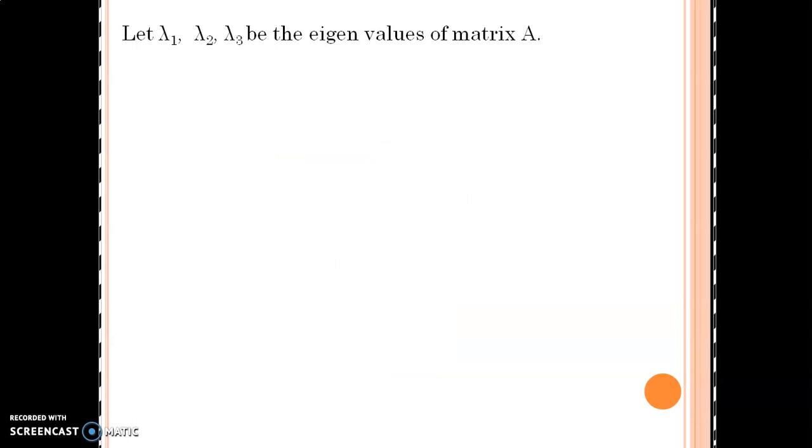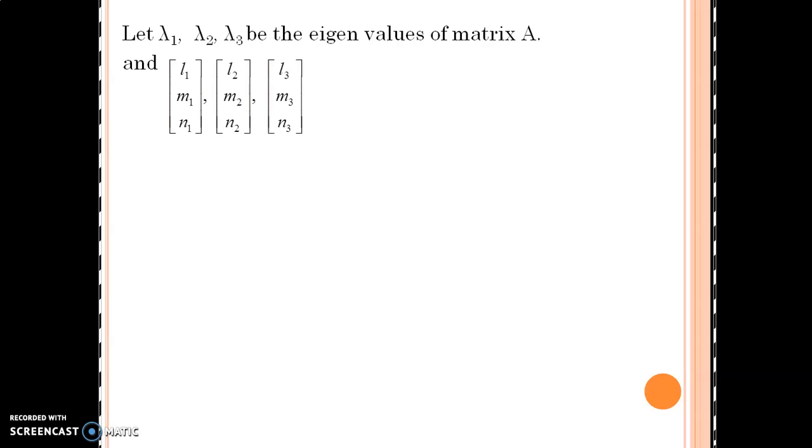As it is a 3 by 3 matrix, we will have lambda 1, lambda 2, lambda 3 as the three eigenvalues, and these are the three corresponding eigenvectors.